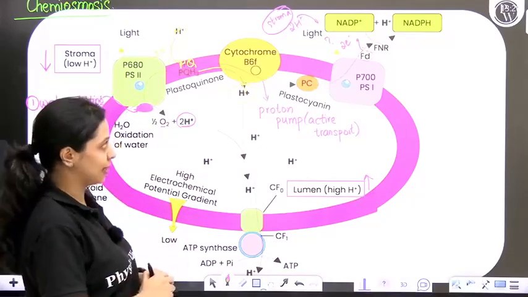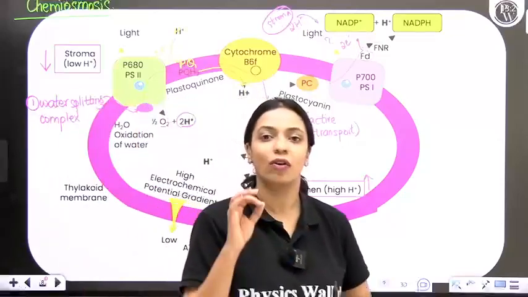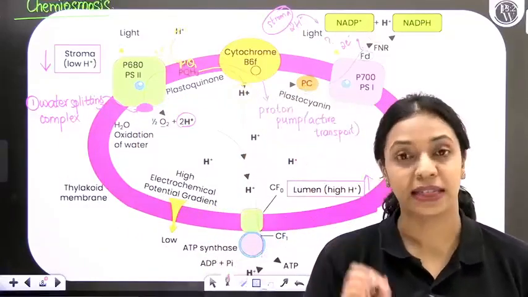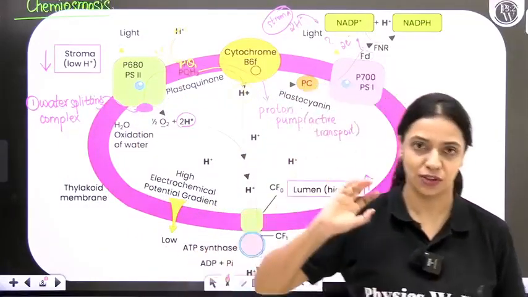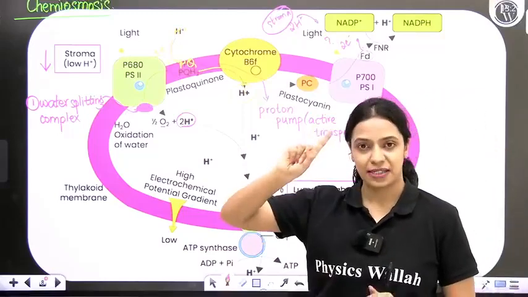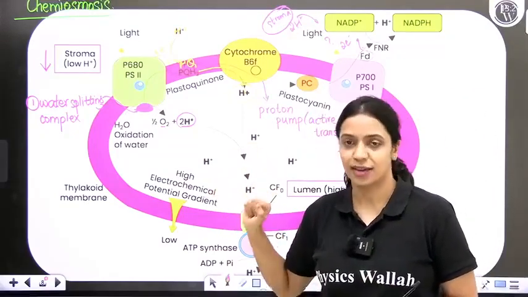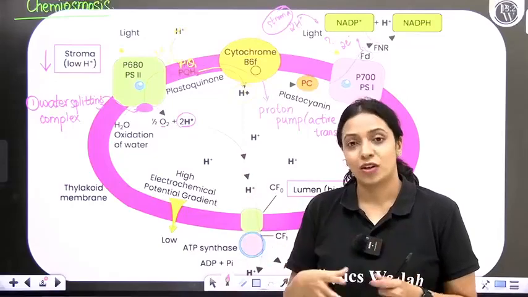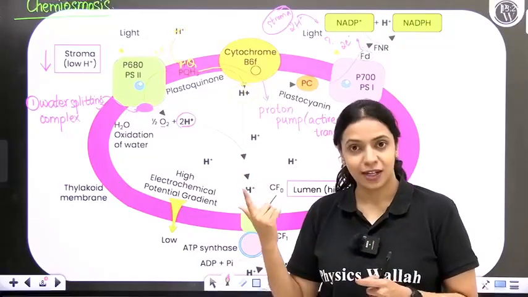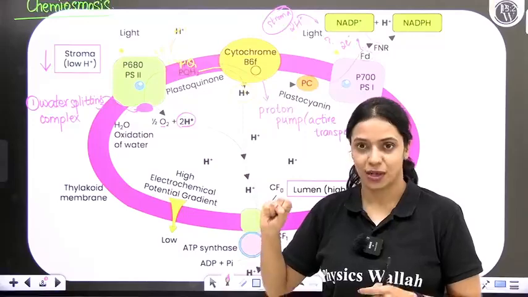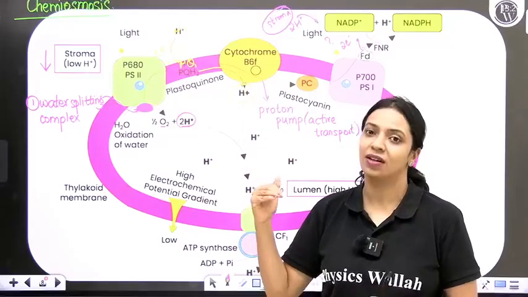Because of these three reasons, the concentration of protons in the lumen is greater than the concentration of protons in the stroma. I repeat, first thing, splitting of water is happening inside the lumen, so protons are released inside the lumen. Formation of NADPH is happening towards the stroma, so protons from the stroma are being used up. That is reducing proton concentration in the stroma.